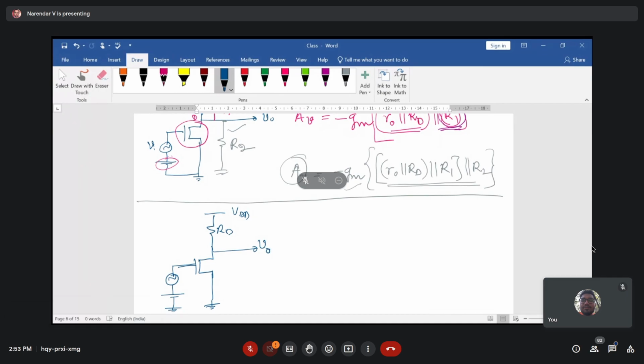The parameters given here: this is your Vi, a small signal, and the drain resistance RD is given as 3 kilo ohm. W by L of your transistor is given as 10, and the transistor parameter mu n COX is given as 100 microampere per volt square.